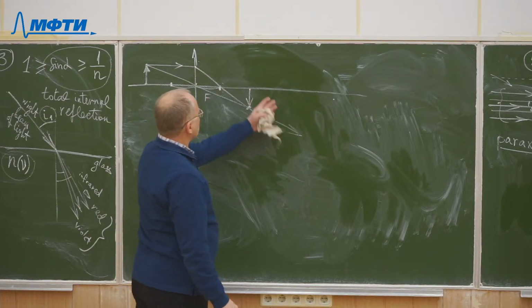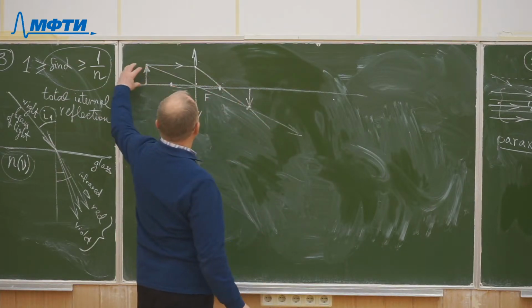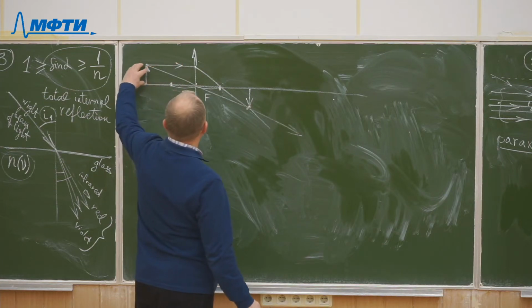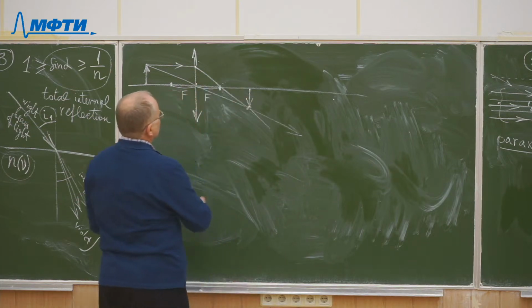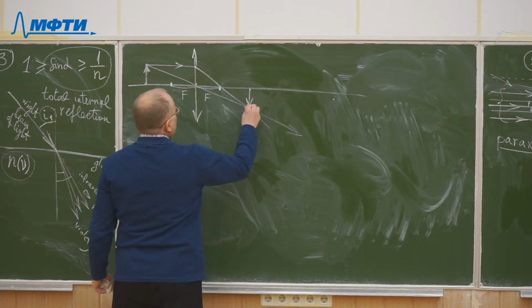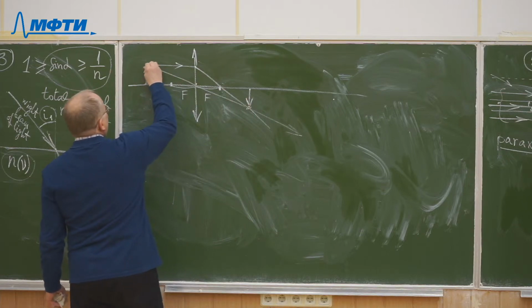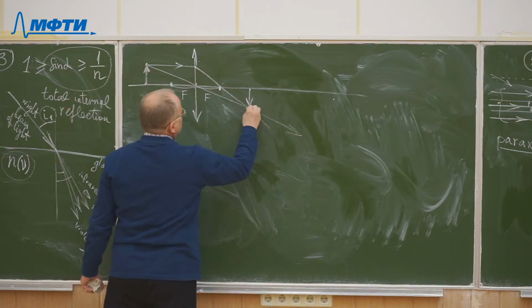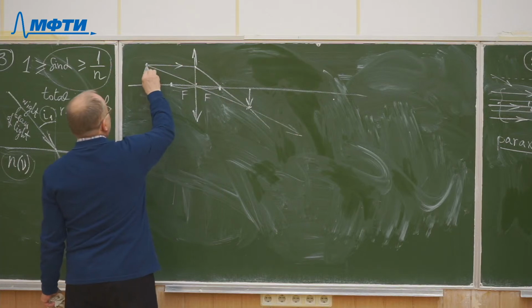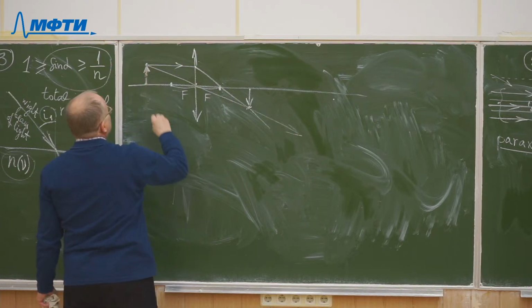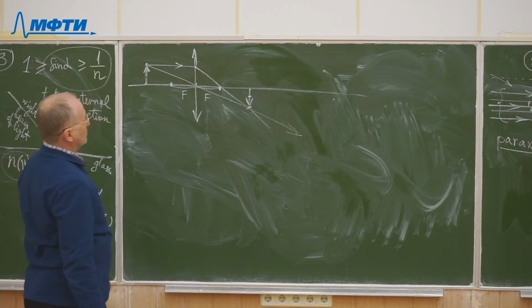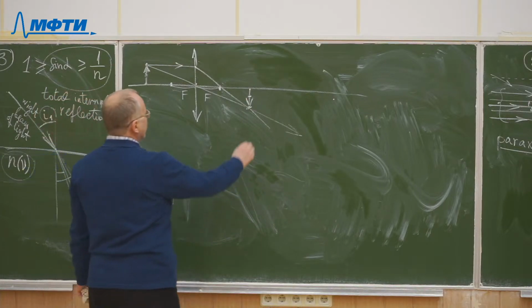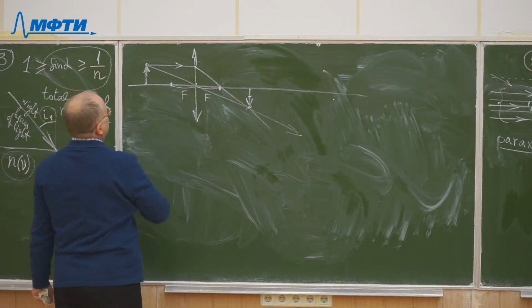This is an empty space, but all the rays going from this object through the lens will form an image here, because all of them will be concentrated. All the rays from this point will be concentrated in this point, and so on. All the rays from this point, for example, in the center of this object, will be concentrated and focused in this place. So there will be an image of this object here.